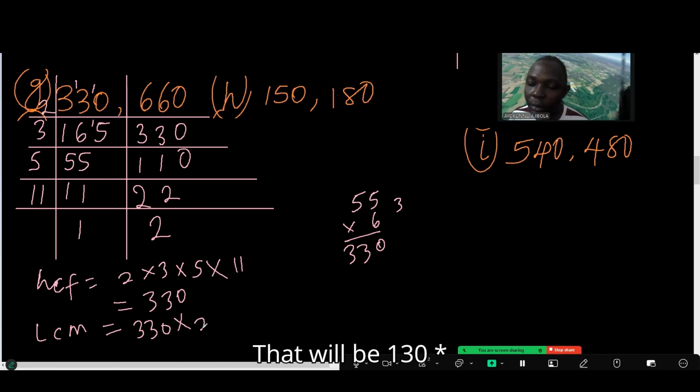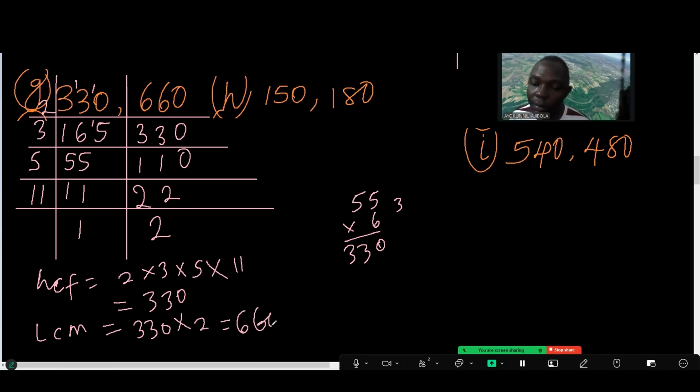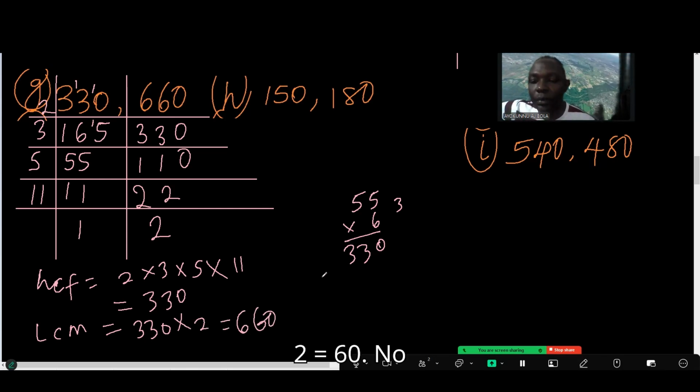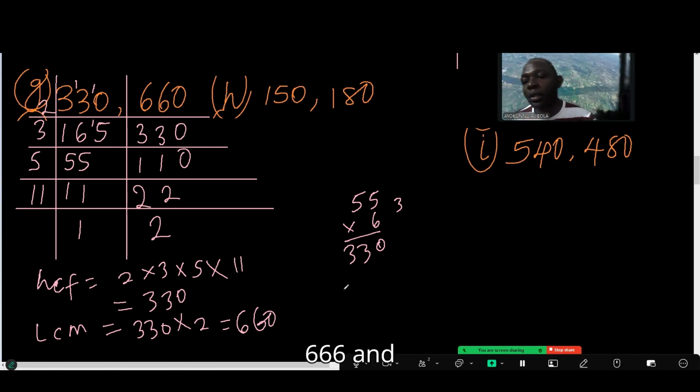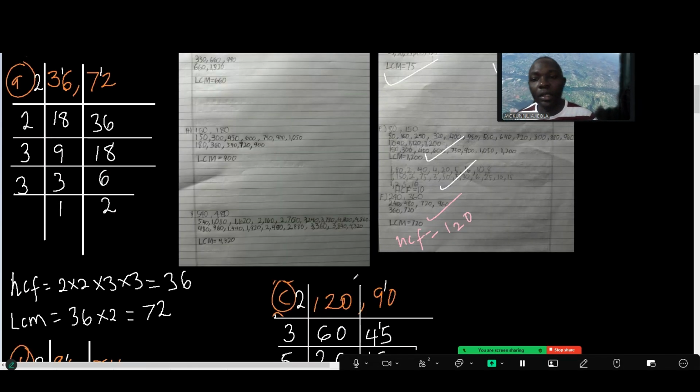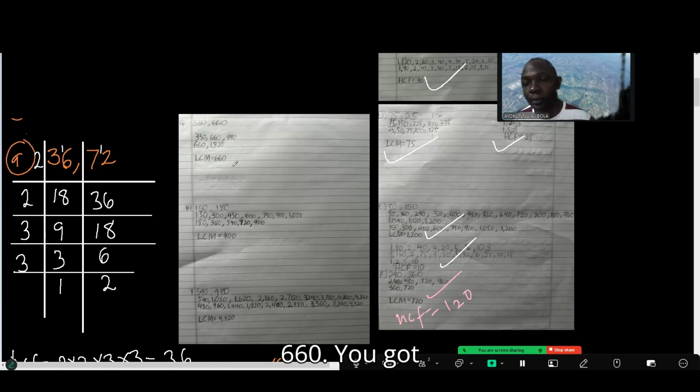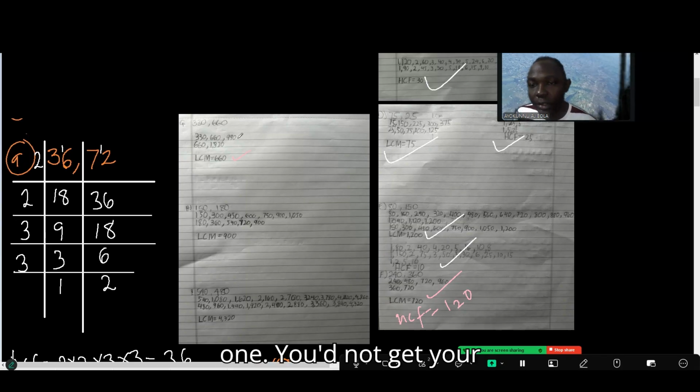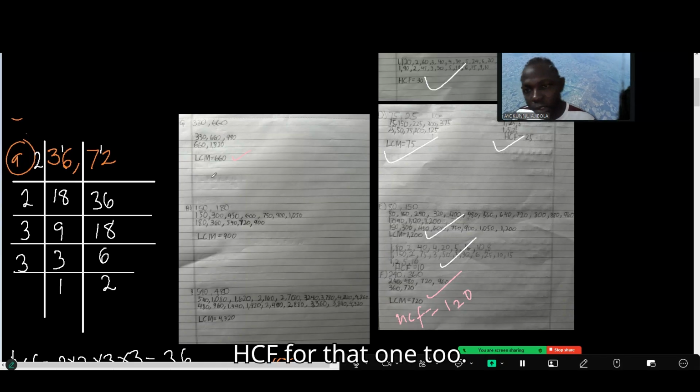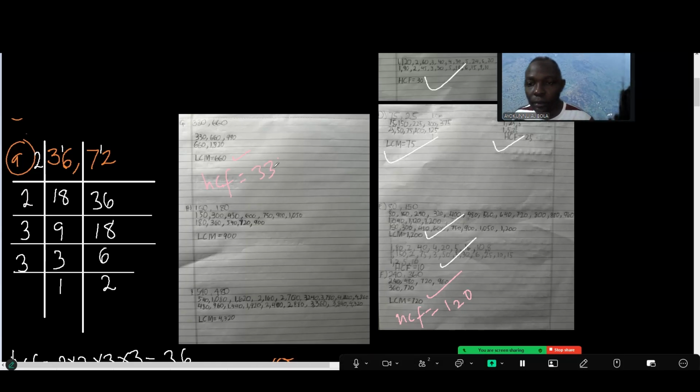That will be 330 times 2, which is 660. So 330 and 660. You did not get your HCF for that one too.